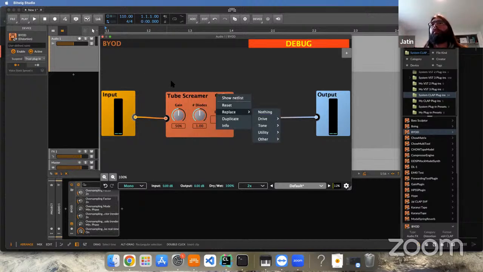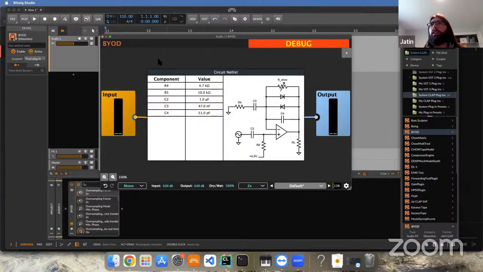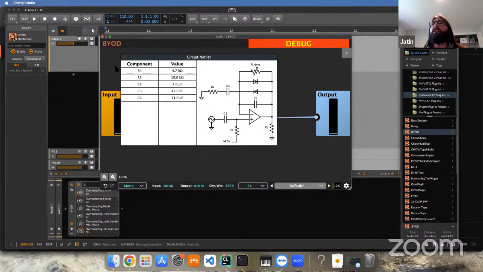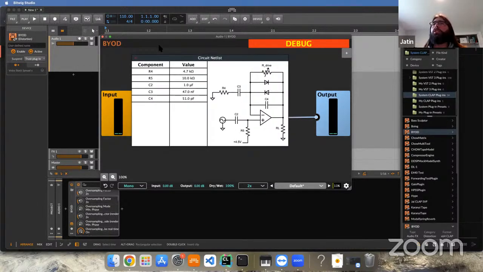And basically I added this way that you can view the circuit netlist. So this is the actual circuit schematic, and then over here is a netlist of components. I don't know if I want to change some of the naming here, since this isn't just a netlist view anymore. It's also a netlist and the whole schematic.